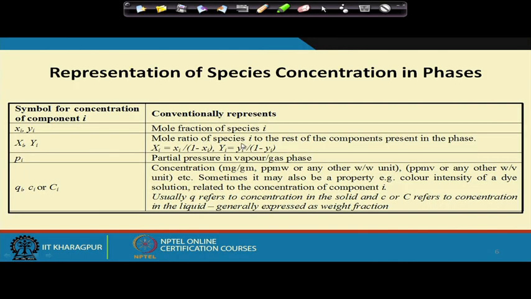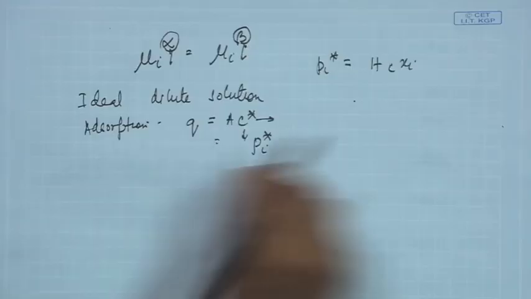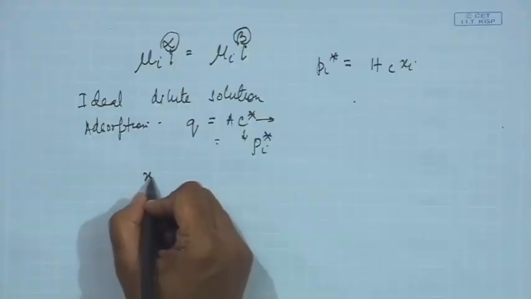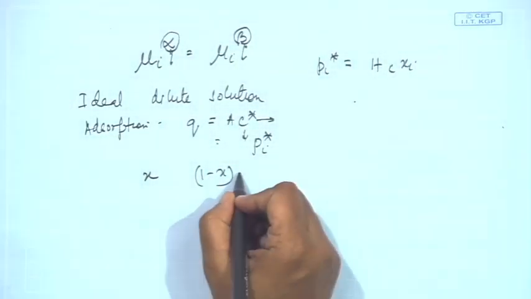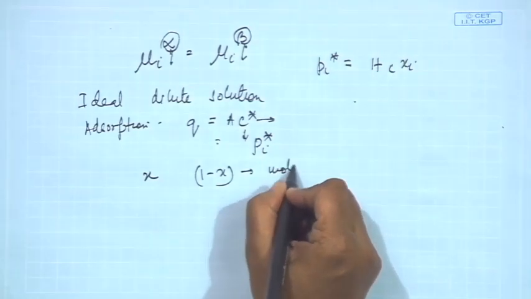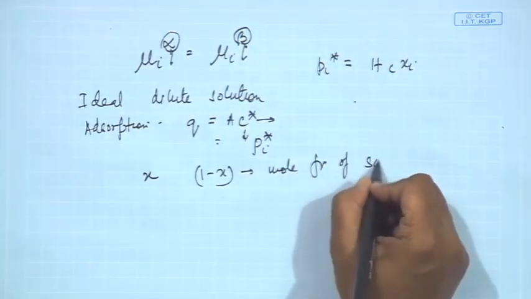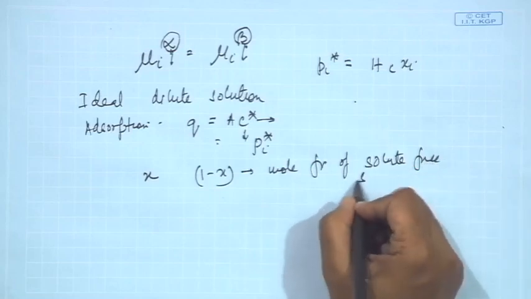Often for absorption, we use mole ratios rather than mole fractions. What is a mole ratio? As I have already mentioned in this table, it is the moles of species I divided by the moles of species free I. So, if I have a total solution where x is the mole fraction of solute, naturally 1 minus x is the mole fraction of the solute free system.